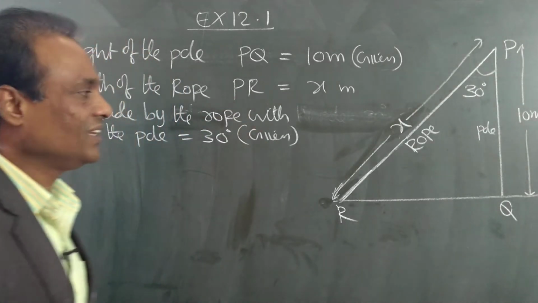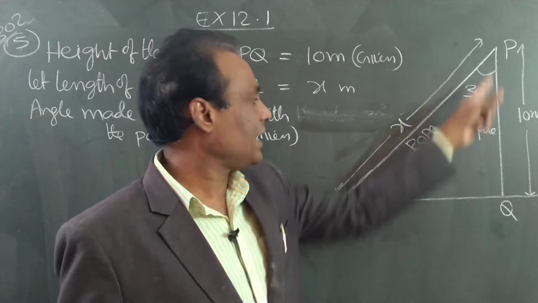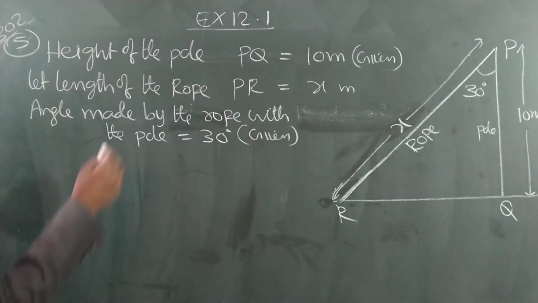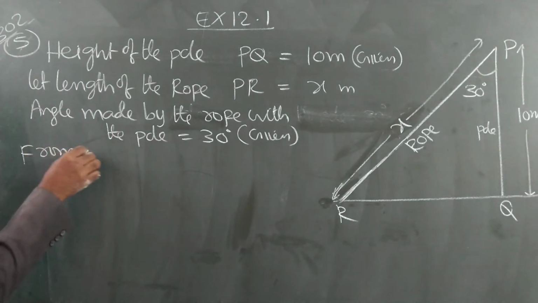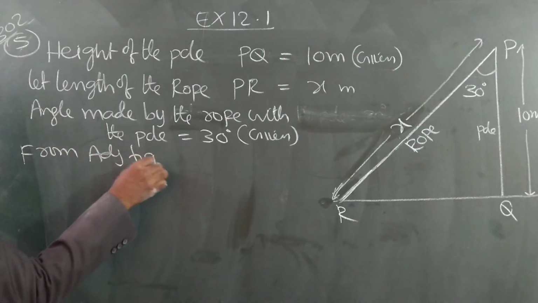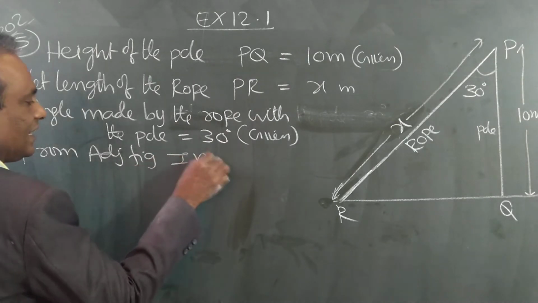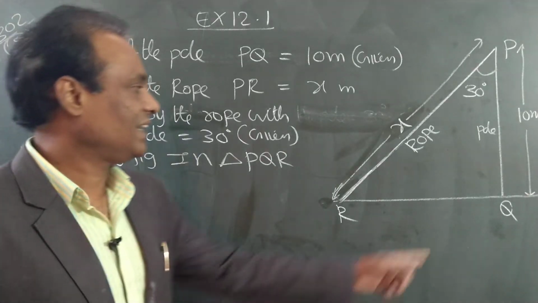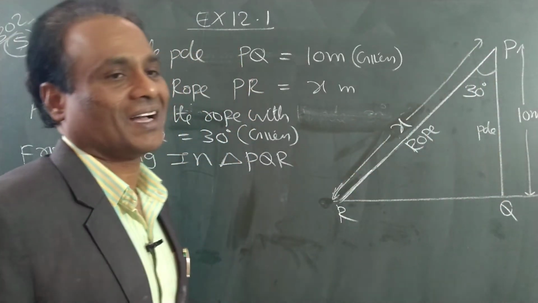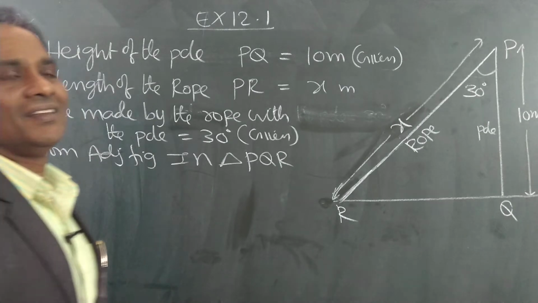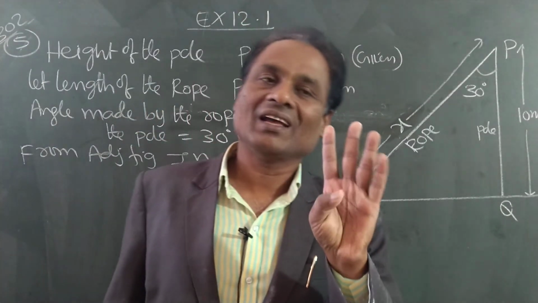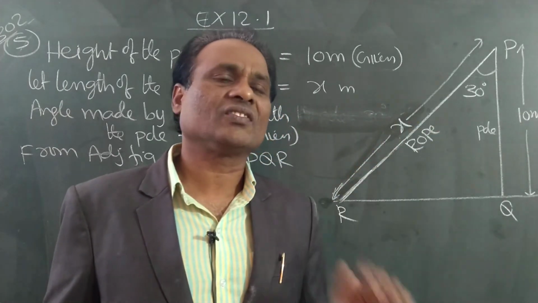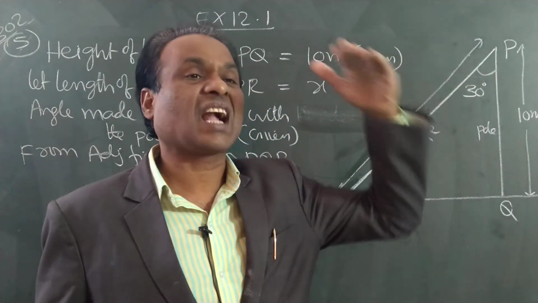Now I will start. What is the triangle here? PQR. Because we are using the triangle, let us refer here. From the adjacent figure, in triangle PQR, we have 6 trigonometric ratios, but 3 are sufficient. What are the 3? First 3: sine, cos, tan.